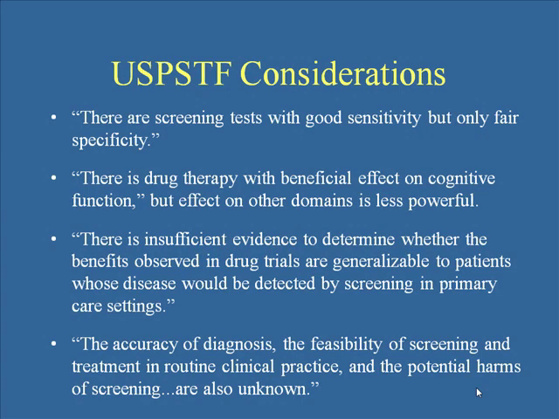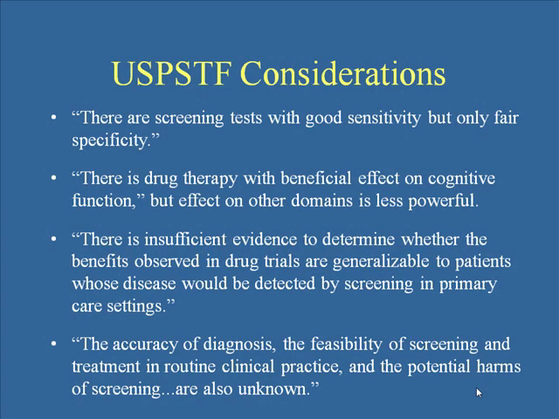The U.S. Preventive Services Task Force concluded that there really was insufficient evidence yet to determine whether the benefits observed in drug trials are in fact generalizable to patients whose disease would be detected in a primary care setting. And they also had concerns about the accuracy of diagnosis, the feasibility of screening and treatment in routine primary care clinical practices, and also the potential harms of screening.